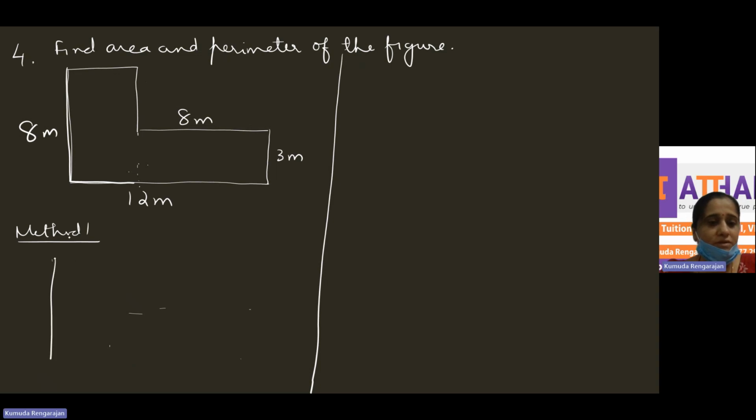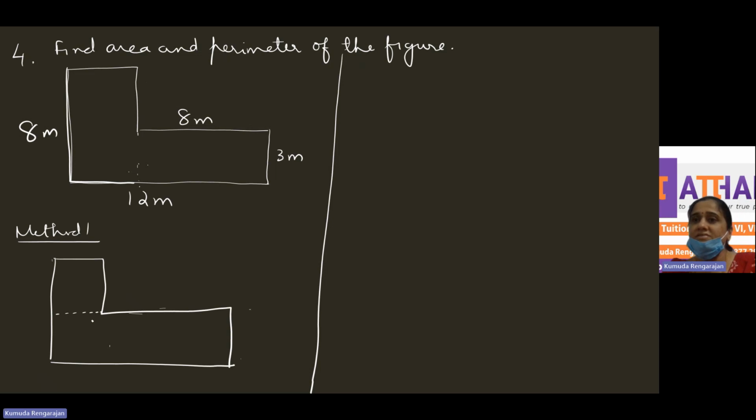So in the first method, look at the board. We connected this line segment, correct? This is 8 meters. This is 8 meters. This is 12. And this is 3. Now we are looking at this as one part and this one as a second part.